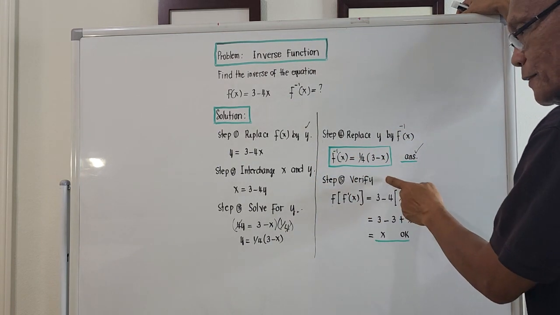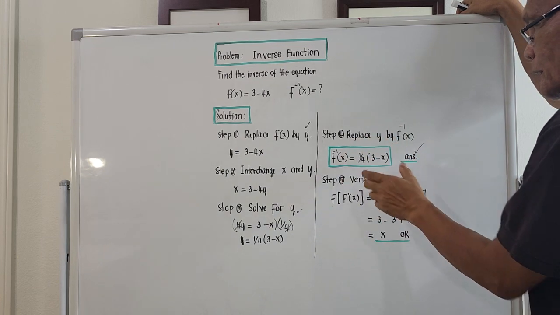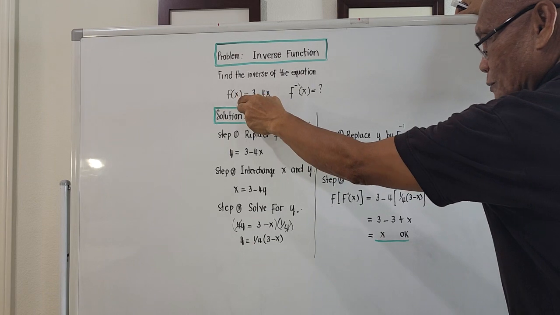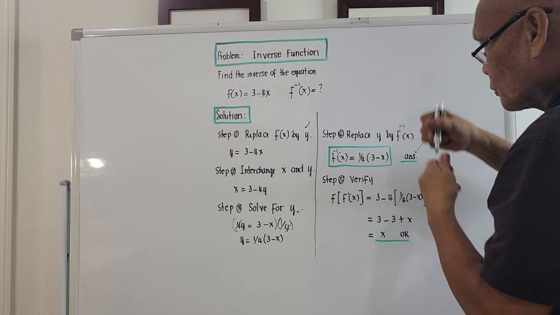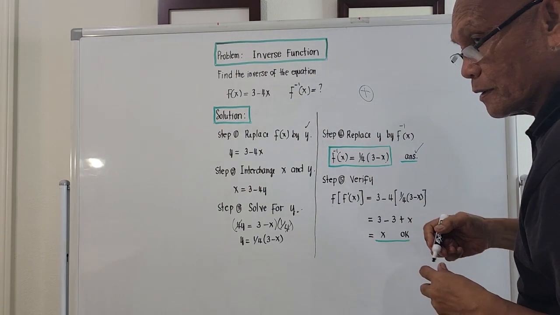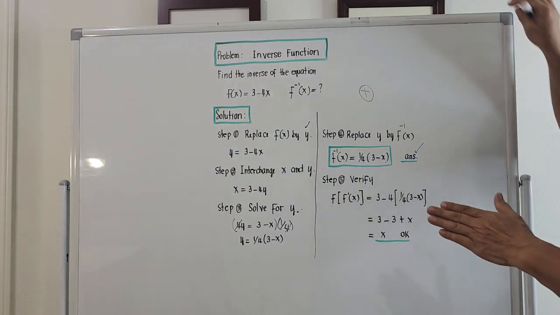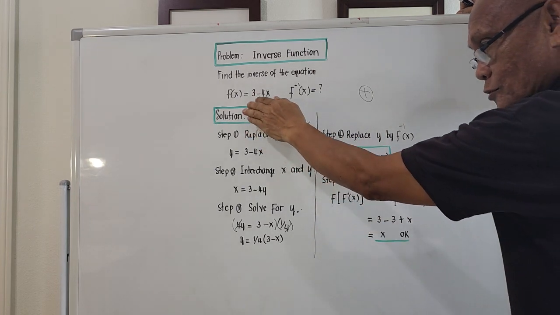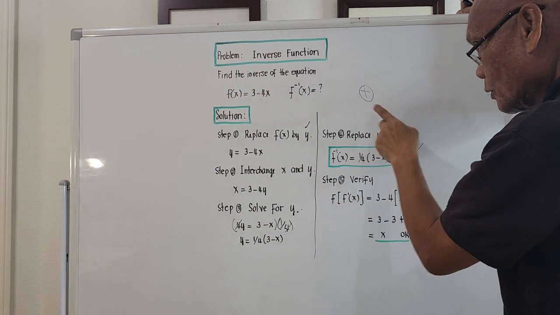Okay, let's verify if this answer is correct. Step number 5, verification. Verification means if we replace this value back into the given original equation, what will come out will be x. That's the definition of inverse. If we substitute the inverse value into the given original function of x, what will come out should only be x.